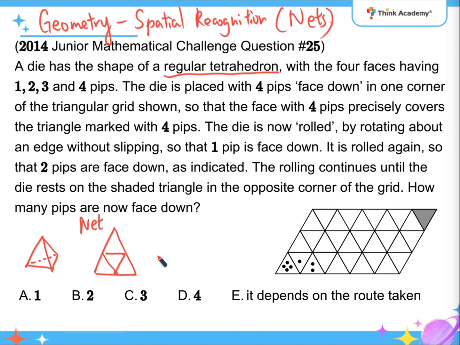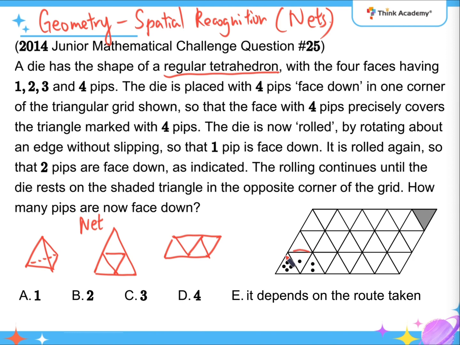Or, of course, you can also try to unwrap it in the same direction, which is going to give you something like this. Okay? And of course, in each of these nets, there will be all 4 of the number of pips on it, because it's going to be wrapping up into a tetrahedron, right?